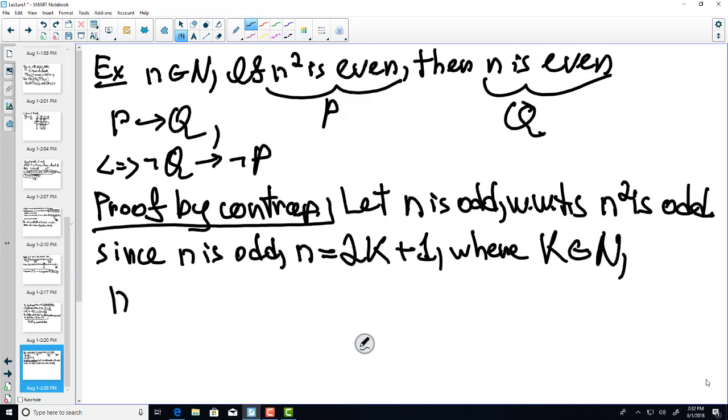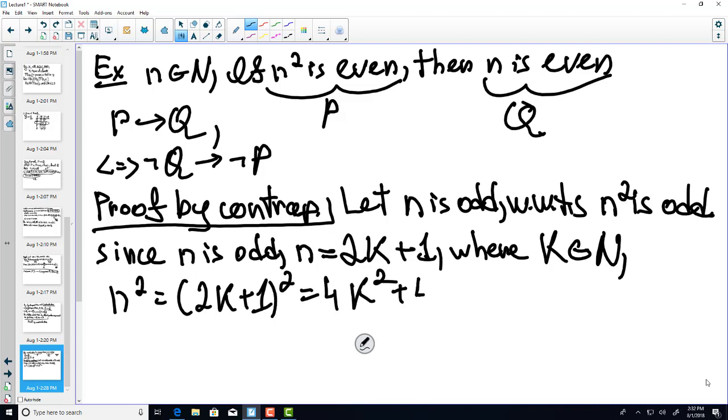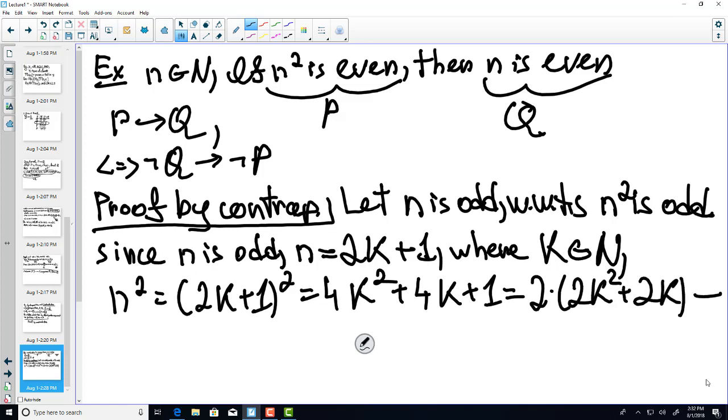So from here, n squared is equal to (2k plus 1) squared, which is equal to 4k squared plus 4k plus 1. But we can write this as 2 times (2k squared plus 2k) plus 1.